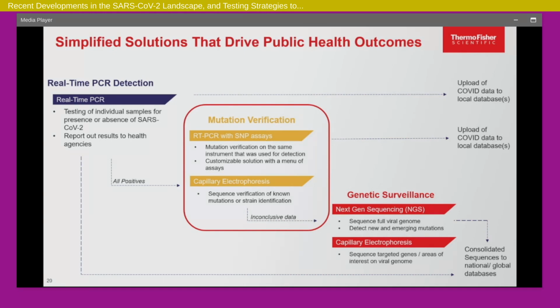You have your classifier, you identify your variant. And then if you see a variant that you're not able to classify, you can triage that into sequencing and use sequencing only when you need it.